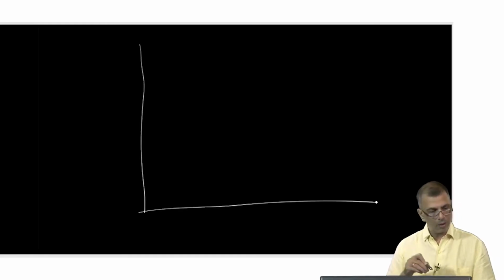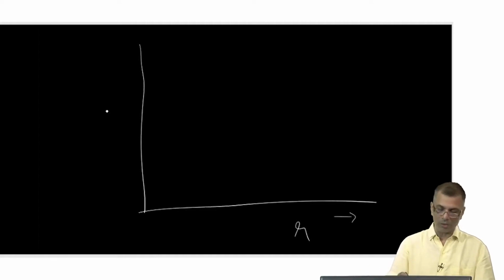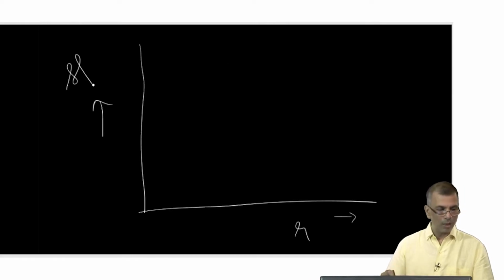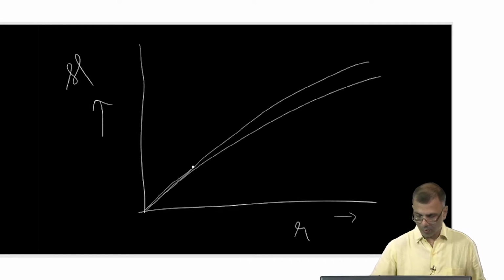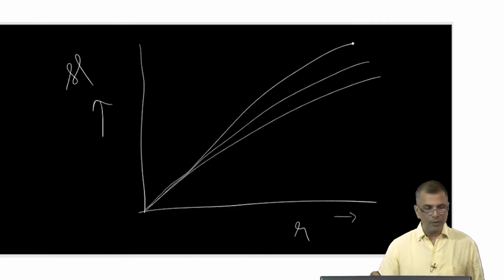One just goes through the derivations as it is, and I'm not going to reproduce all the calculations, but the net result is a graph that looks something like this. You would have R normalized to some value, and this would be the Mach number, and all the solutions like this.